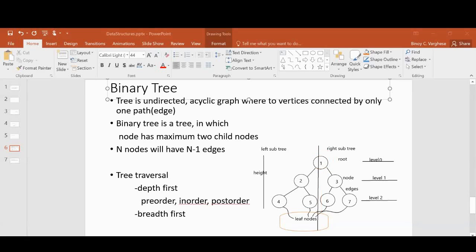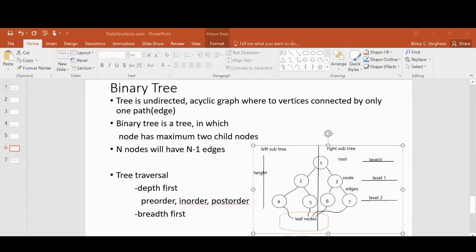For example, if 5 has one more child called 8, and that again has one more child, then what will be the height? The total path from the root till this node. So that is called the height. So height is the path starting from the root node to the deepest node.